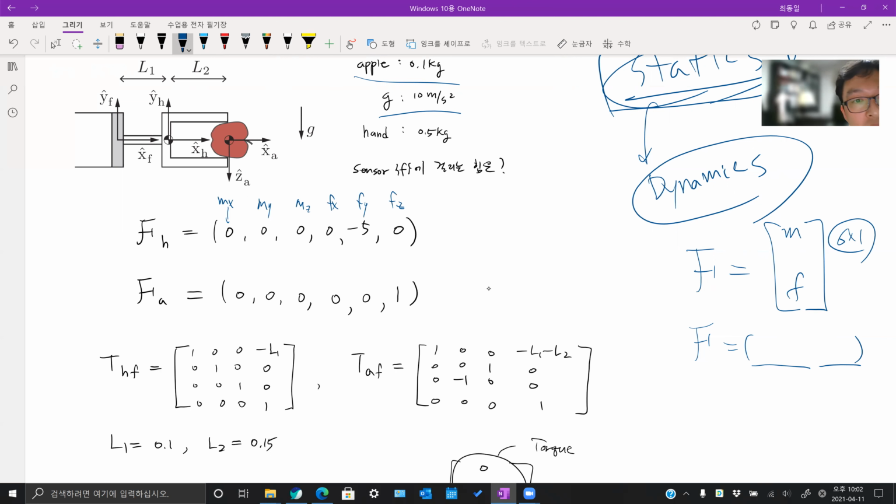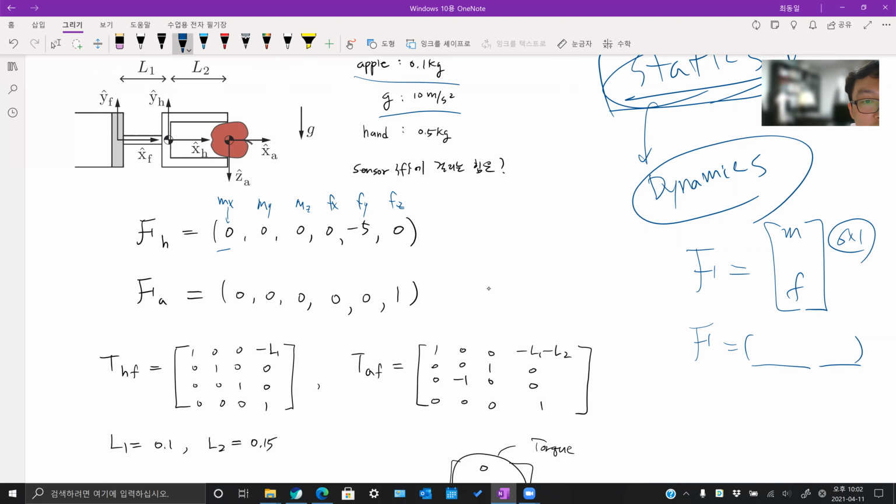Because there is gravitational force here due to the hand, the center of mass of the hand has the same origin as the H frame.